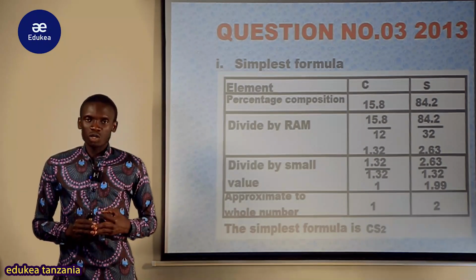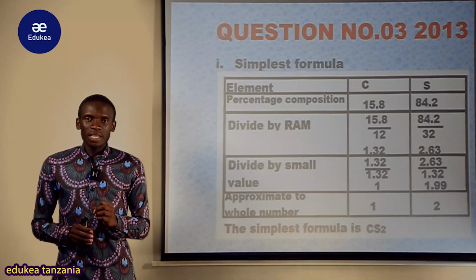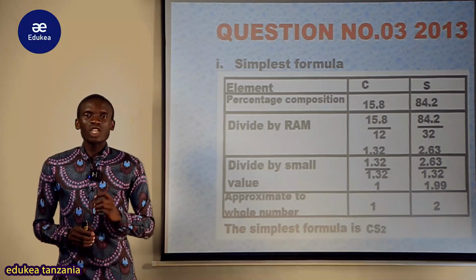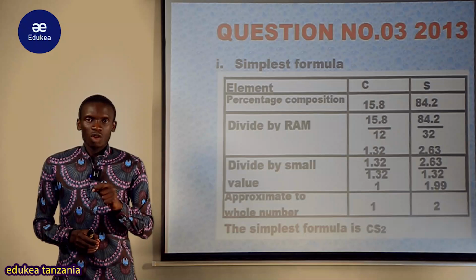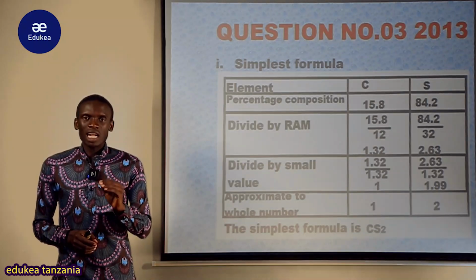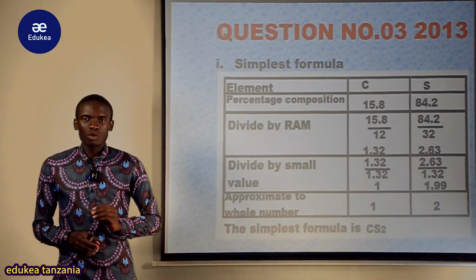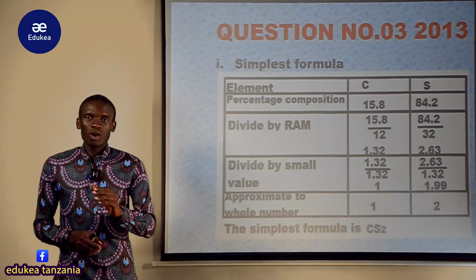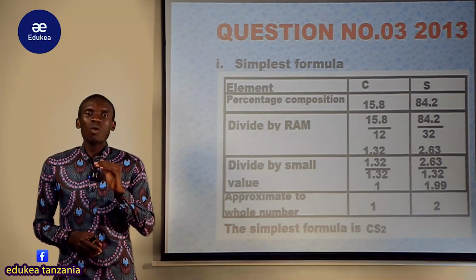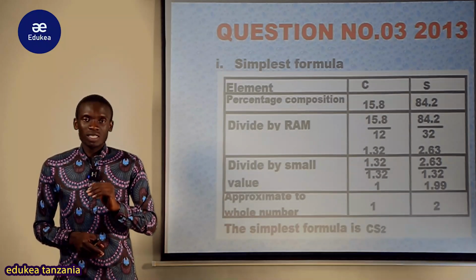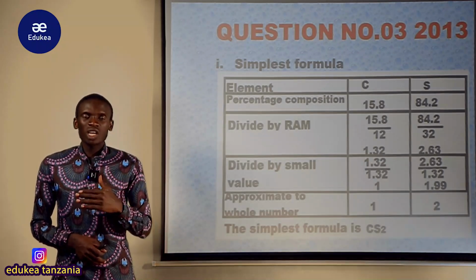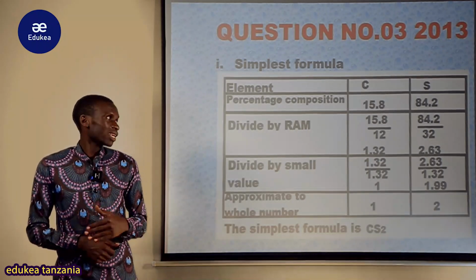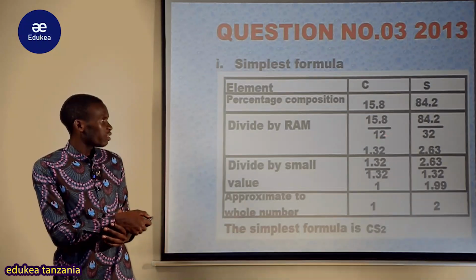Step 3, divide the percentage composition by the relative atomic mass of each element. That is, each percentage composition is divided by the relative atomic mass of its own element.